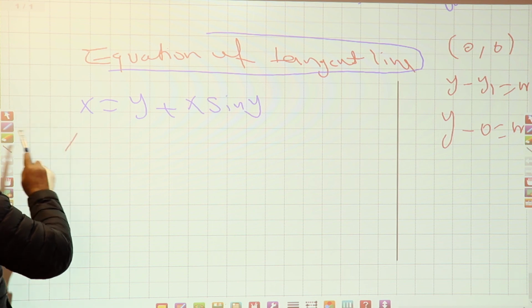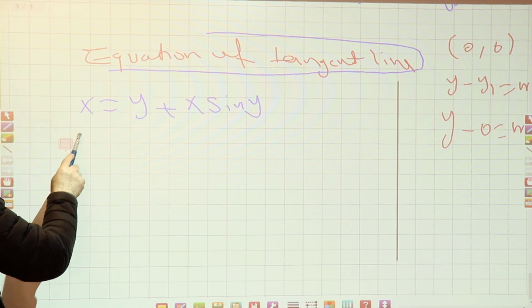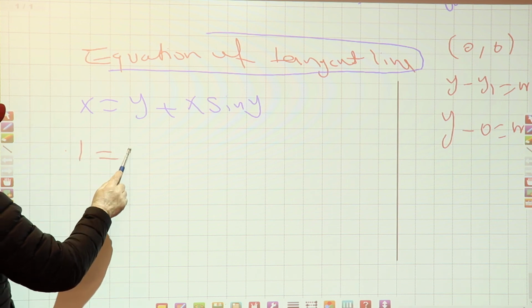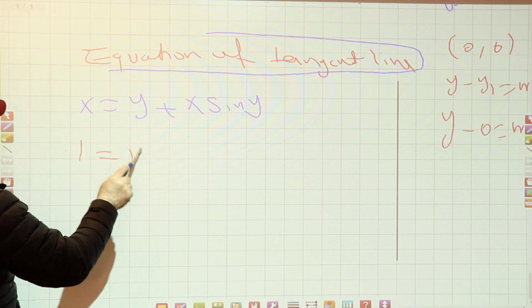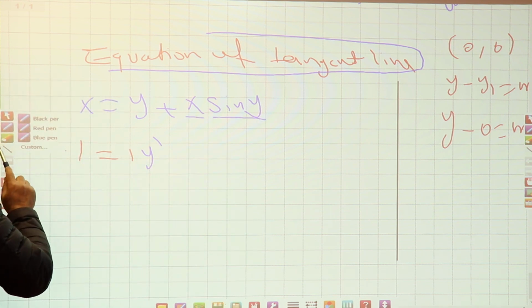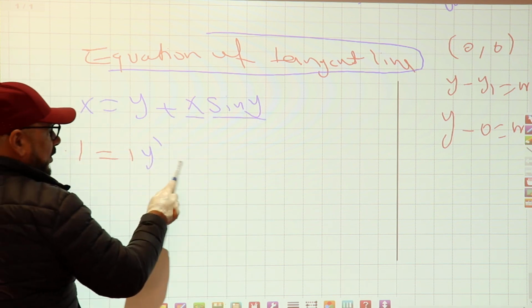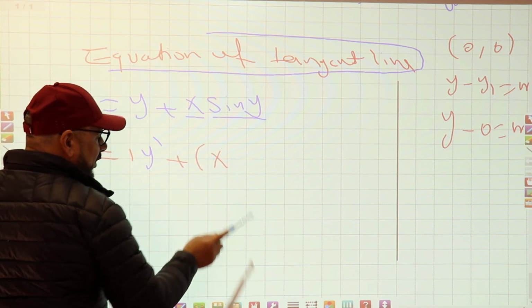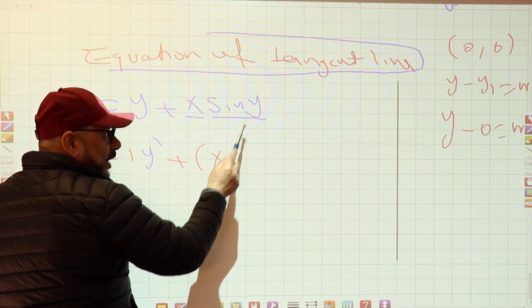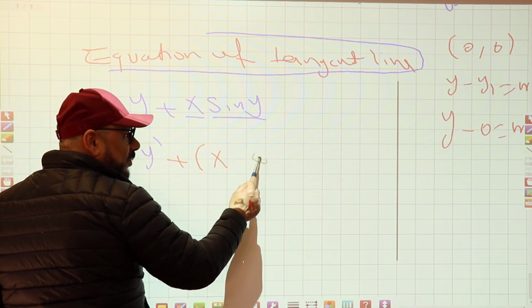Here x, what's the derivative of x, guys? One, he said 1. What's the derivative of y? 1 y prime, right? This x sine y is a product rule. This is the first, which is x, times the derivative of sine y. Derivative of sine y is cosine y.